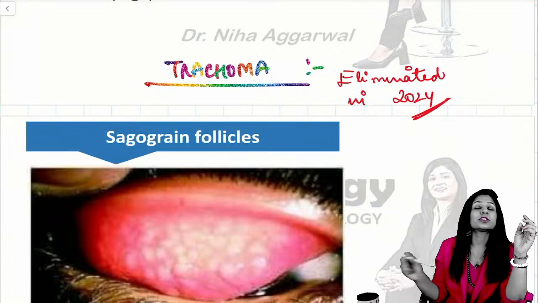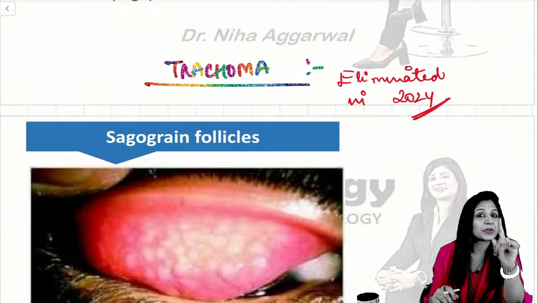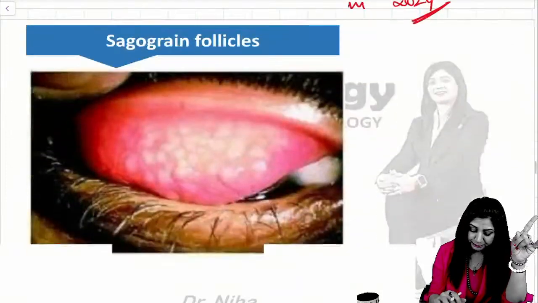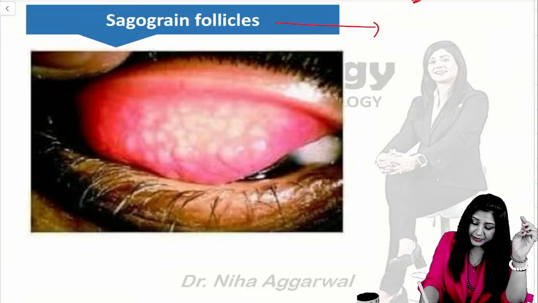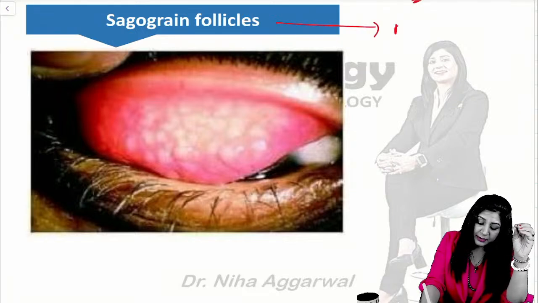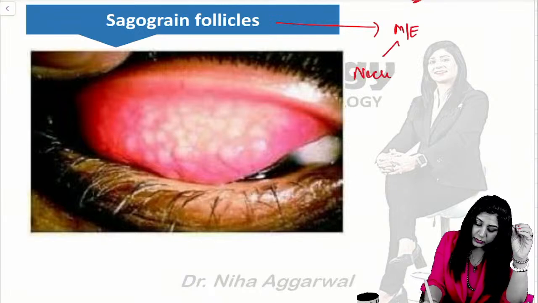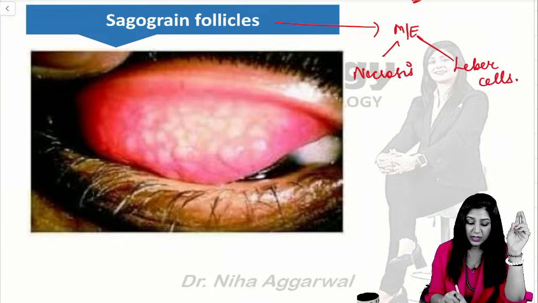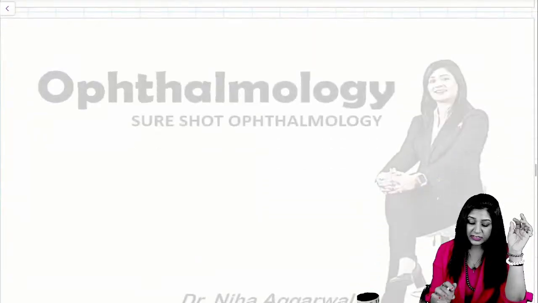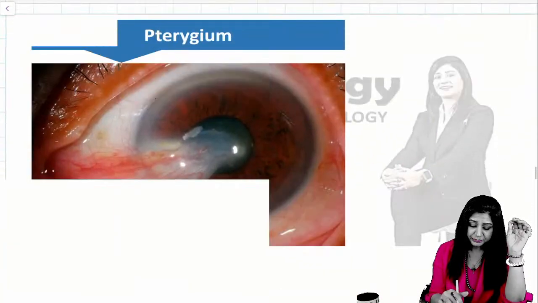And there was an image-based question on trachoma in 2024 NEET also. So very typical are the sago grain follicles. And on the microscopy we can get the necrosis also, as well as the multinucleated cells. The Leber cells can also be there, very typical of the trachoma, along with the sago grain follicles.